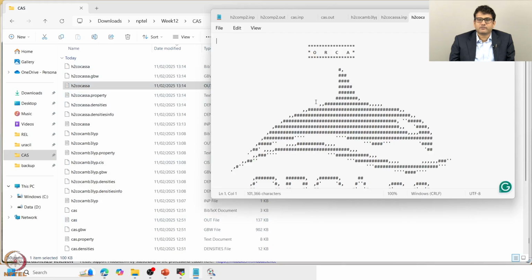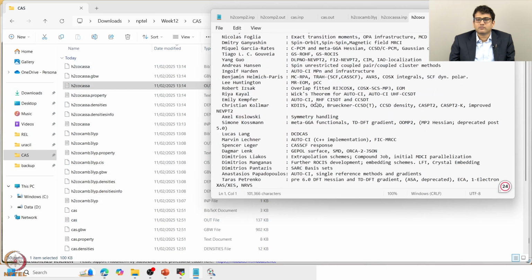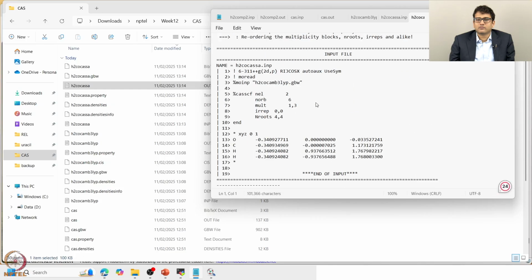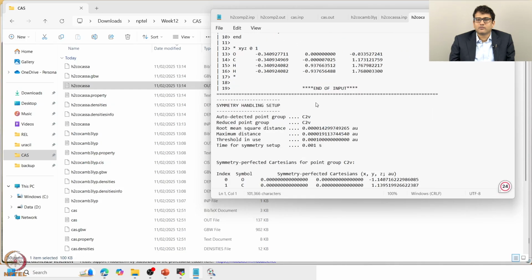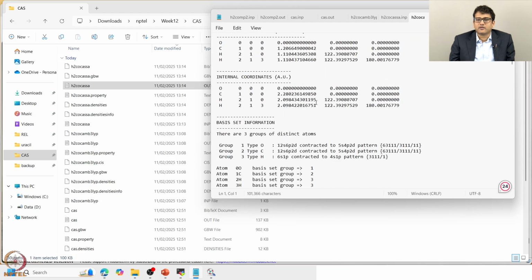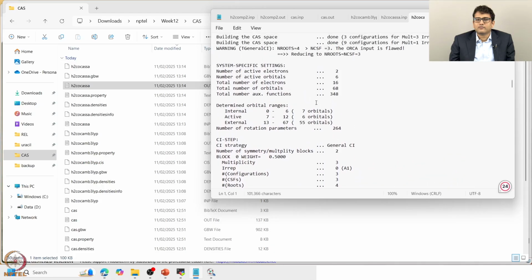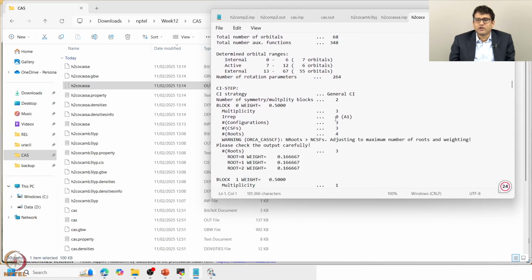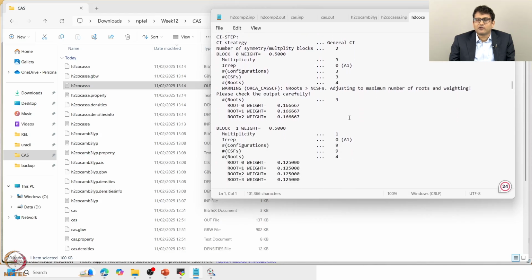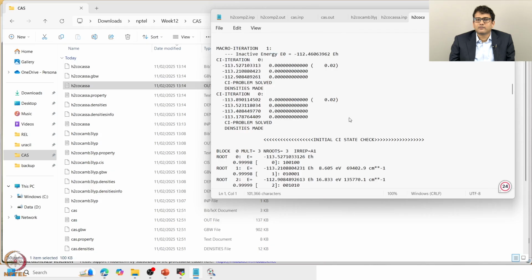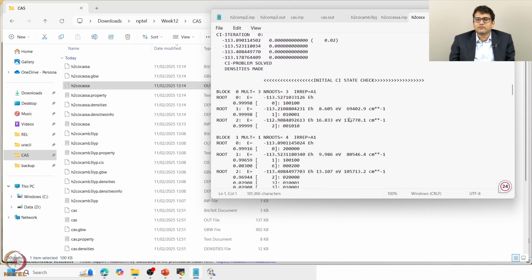Let us see the output. These are finding the symmetries. So the number of multiplicity blocks is 2. For the triplet it will generate the A1 configuration, and for the singlet also it will generate the A1 configuration.